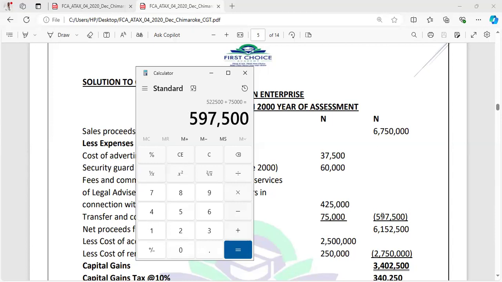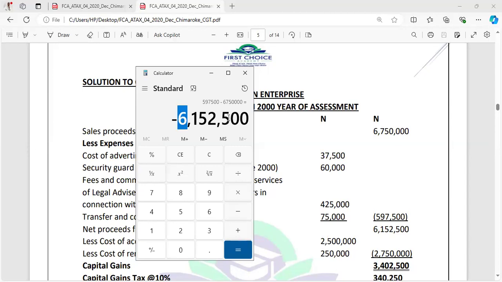We are going to remove it from 6,750,000. Of course, it's going to be the other way around: 6,750,000 minus 597,500. And we are going to get 6,152,500.